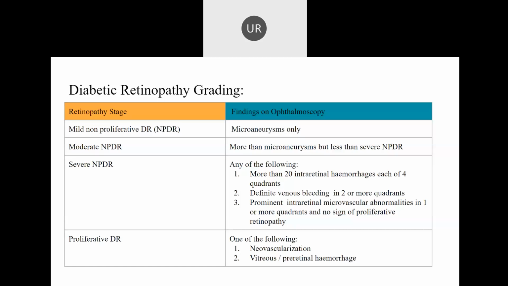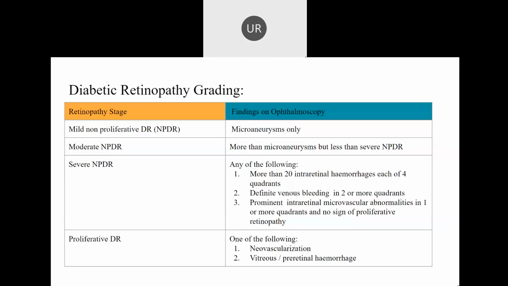In severe, it follows these 3 criteria. If they have any of the following in the fundoscopic findings: more than 20 intraretinal hemorrhages in each of the four quadrants; second, definite venous beading in two or more quadrants of the fundoscopic image; and third, prominent intraretinal microvascular abnormalities, which are IRMA, in one or more quadrants, and there's no sign of proliferative retinopathy.